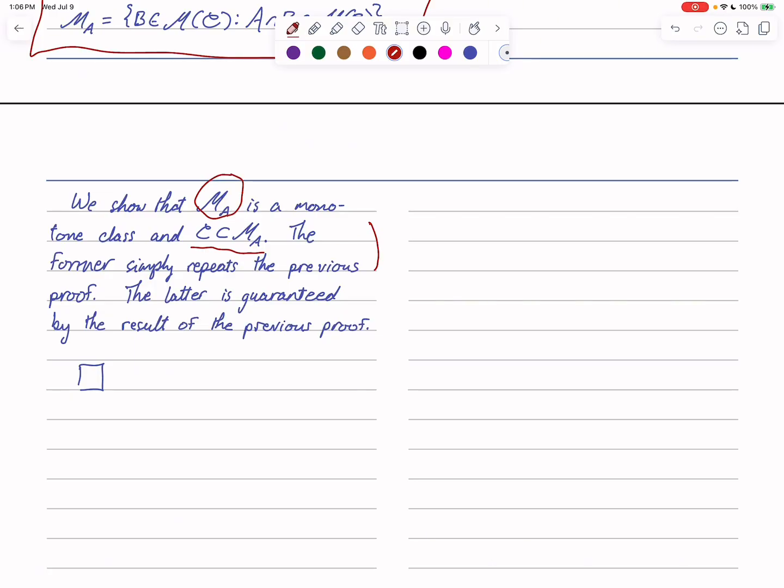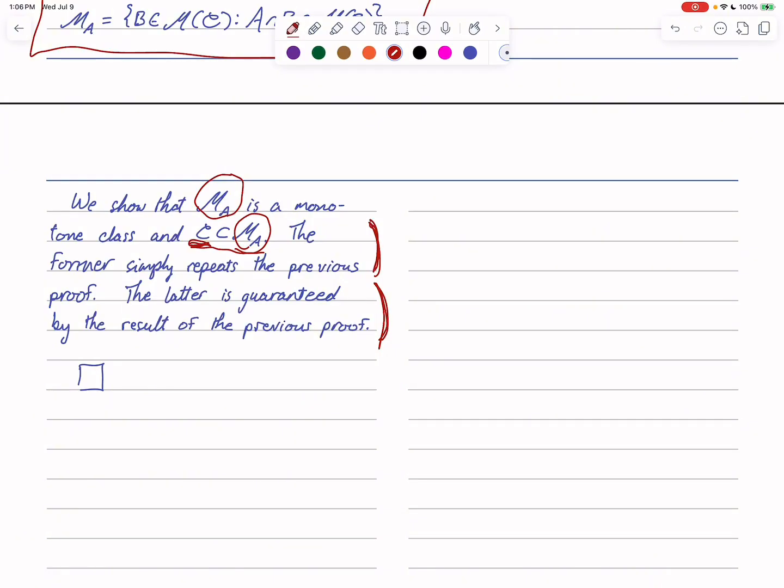But what about the latter part, that the generator is contained within this M sub A? Well, that follows from the result of what we just proved, not the method, right? Here I'm saying the method of proof is the same, but this follows from the result, which is that if you take anything from the generator, then it has the property that if you take anything from the monotone class, the intersection is in the monotone class, right?